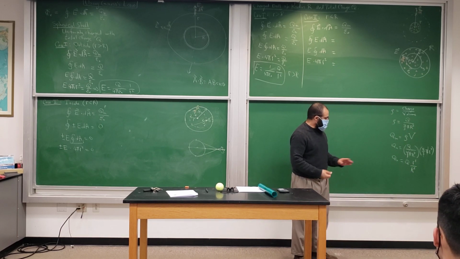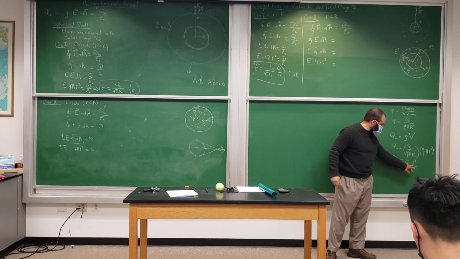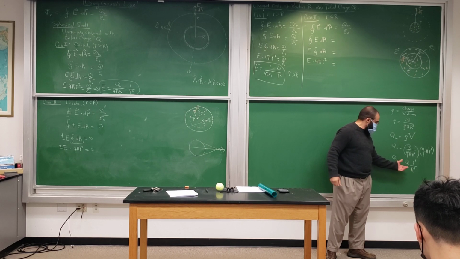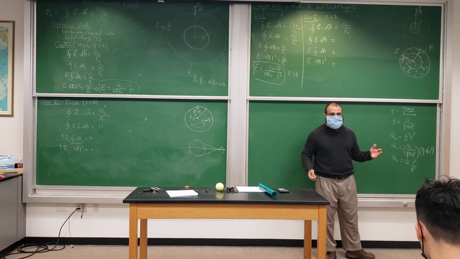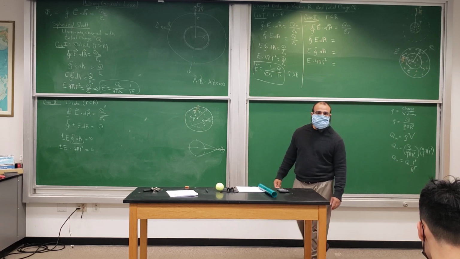Because now if my Gaussian surface has the same radius as the sphere, then I will enclose the total charge of Q. I will enclose the whole charge. If it's less, then I would enclose less. Okay?